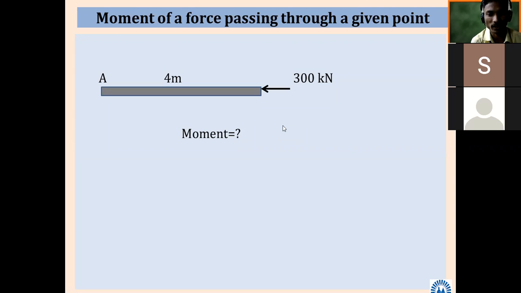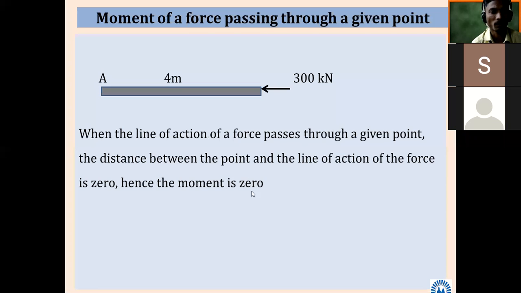If we extend the line of action of the force and it passes through a certain point, then the moment will be zero at that point. We should remember these two things every now and then, and calculate the perpendicular distance very carefully.